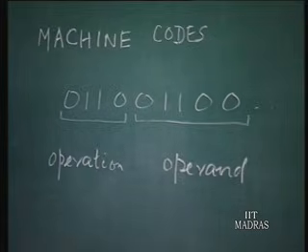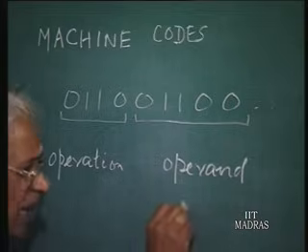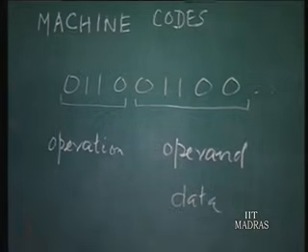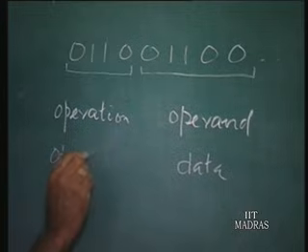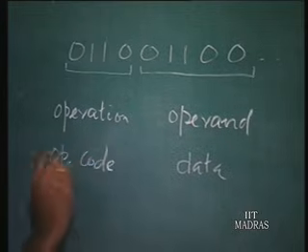It all depends on how you talk about it. In other words, we have the data part here, and we have a code which relates to operation, and so generally this is called an opcode.